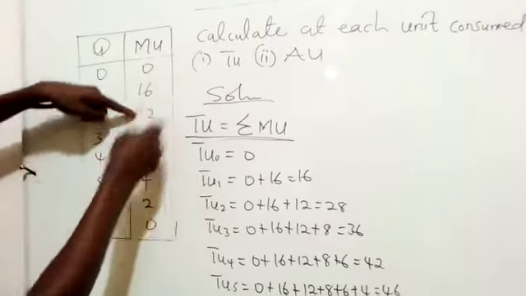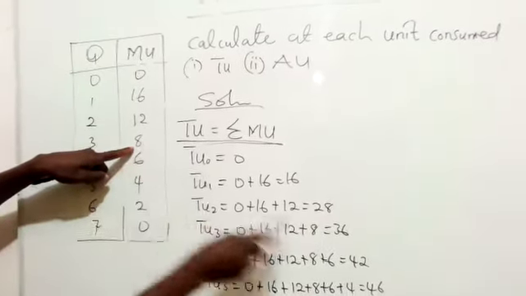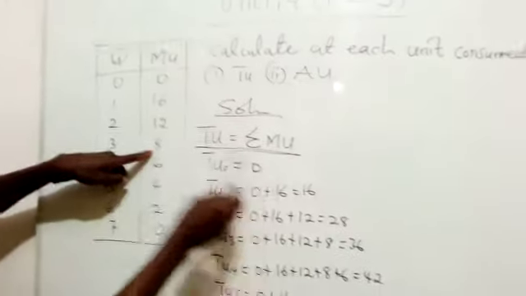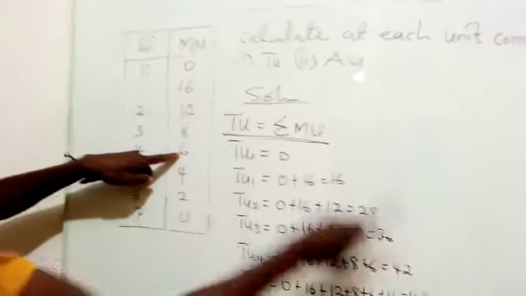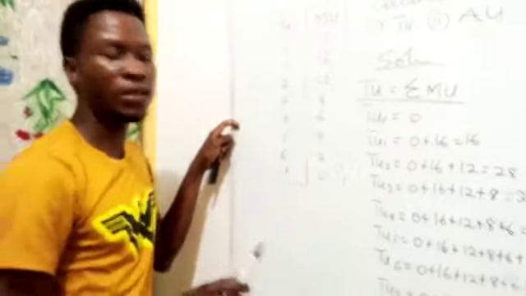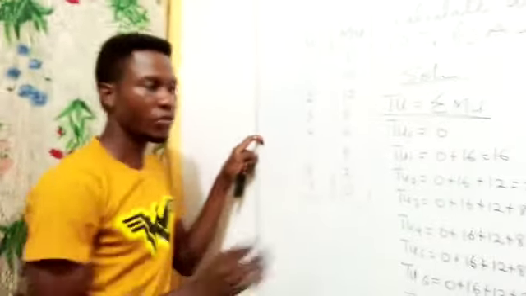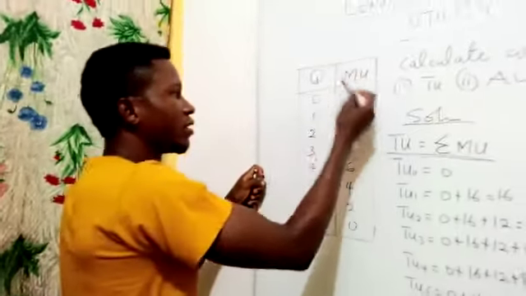Now, in case you want to find this, you just add 28 to this, then you get your answer 36. In case you want to find this one, 36 plus 6 will give us what? 42. Then the next one, 42 plus 4 gives us what? 46. 46 plus 2 gives us what? 48. And 48 plus 0 gives us what? 48. Is that okay?